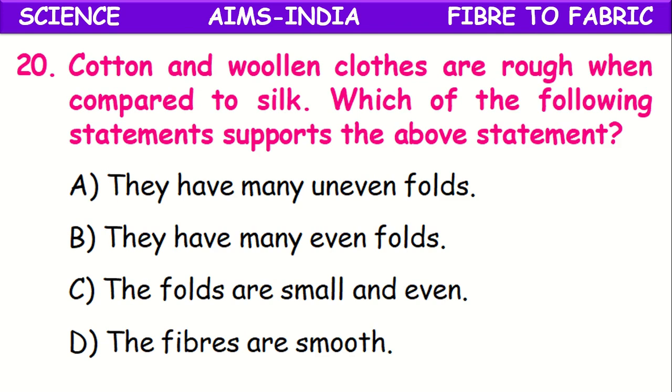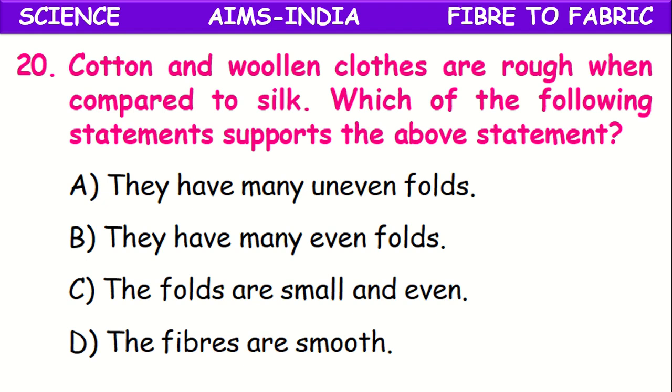Next, cotton and woolen cloths are rough when compared to silk, isn't it? Of course, cotton and woolen cloths are somewhat rough when compared to silk because silk is very smooth. It has a smooth texture. Now, which of the following statements supports the above statement? See what they have given. They have many uneven folds.